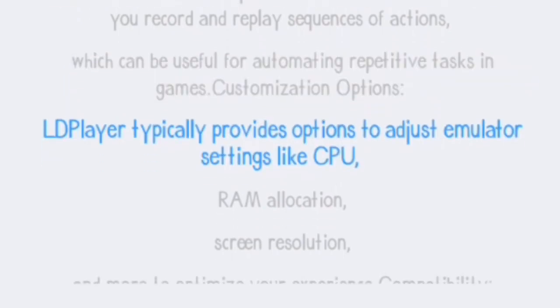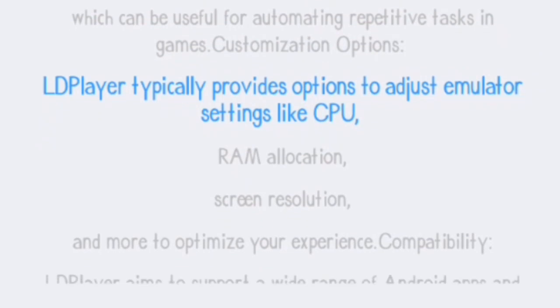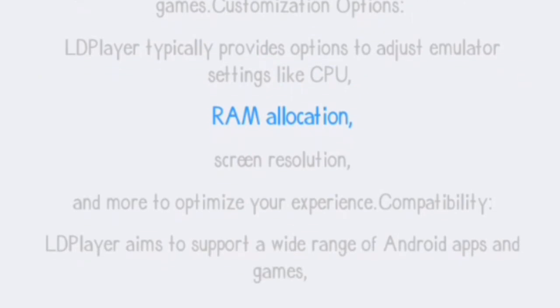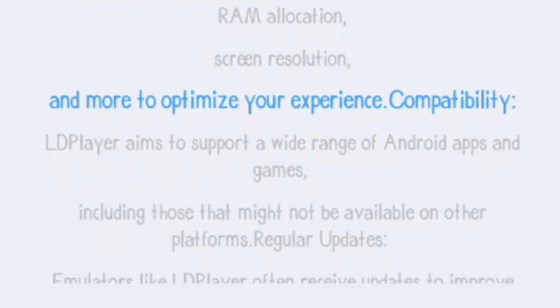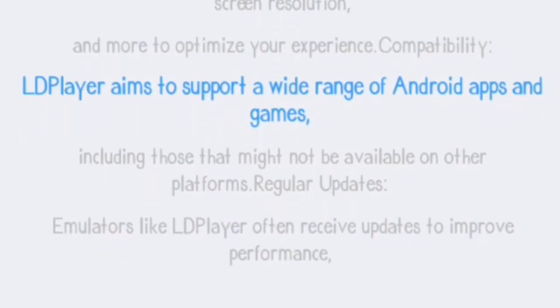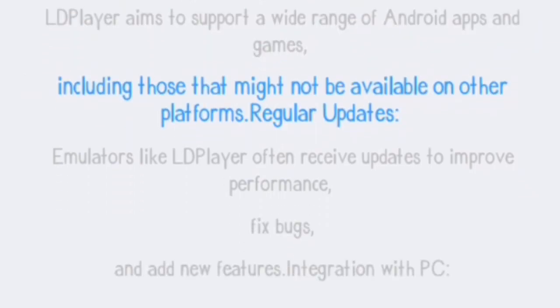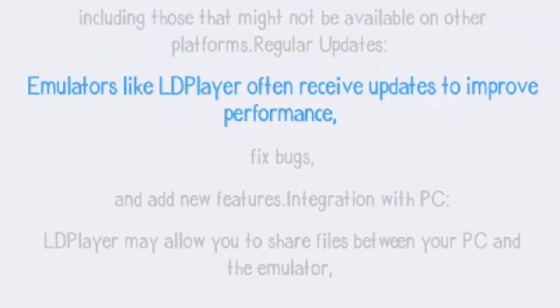Customization options. LDPlayer typically provides options to adjust emulator settings like CPU, RAM allocation, screen resolution, and more to optimize your experience. Compatibility. LDPlayer aims to support a wide range of Android apps and games, including those that might not be available on other platforms. Regular updates.